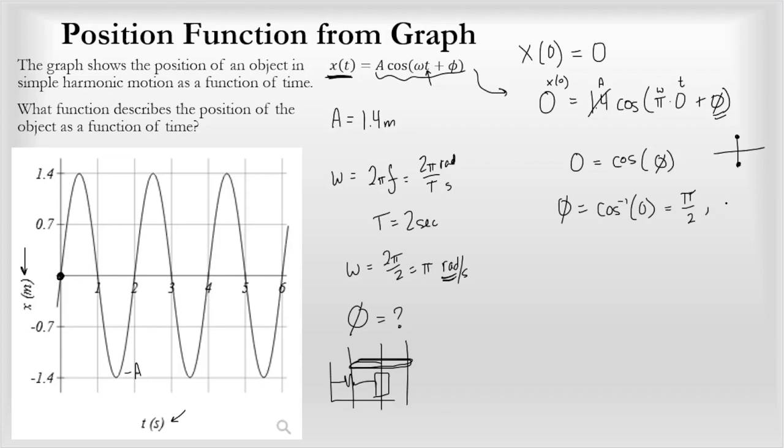So I know I'm going to have another answer of negative pi over 2, or you could call it 3 pi over 2. Typically, we use negative pi over 2, an angle between negative 90 and 90, something less than 90 degrees in absolute value. So there are two possible answers here, if you remember that from trig. That is totally in line with what trig tells us. There should be two angles that have a cosine of 0.